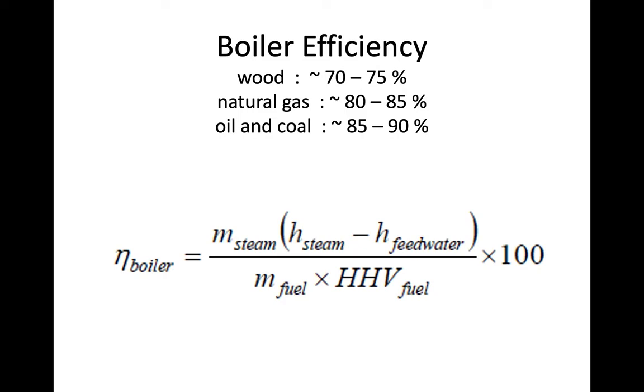And then we divide this number by the energy consumption. The energy consumption of the boiler is the flow rate of fuel, m fuel, multiplied by the higher heating value of fuel, and multiplied by 100%.